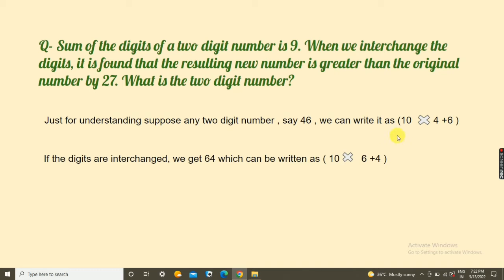Because now 4 is in the 1's place and 6 is at the 10's place. The number in the 1's place we write as such, but the number in the 10's place we write as a multiple of 10.